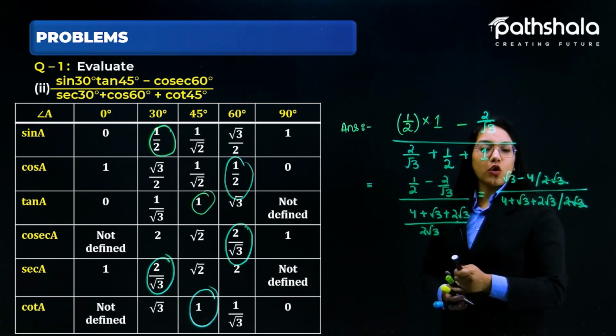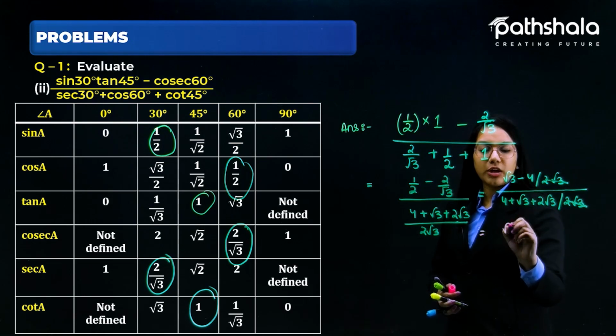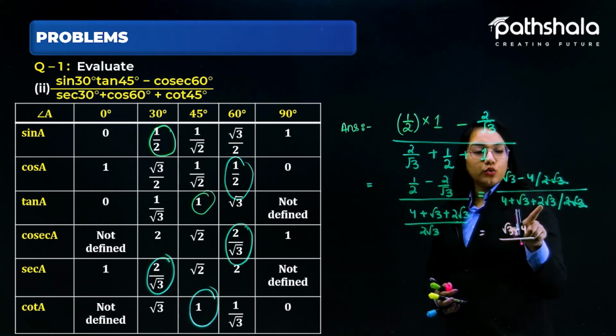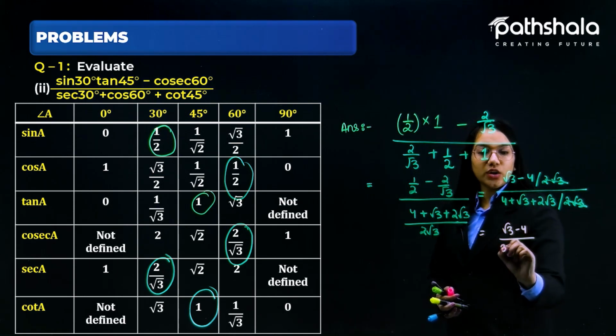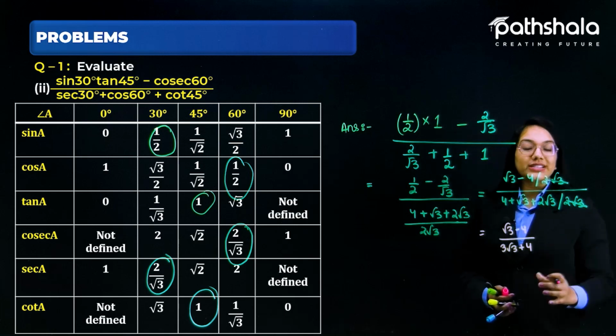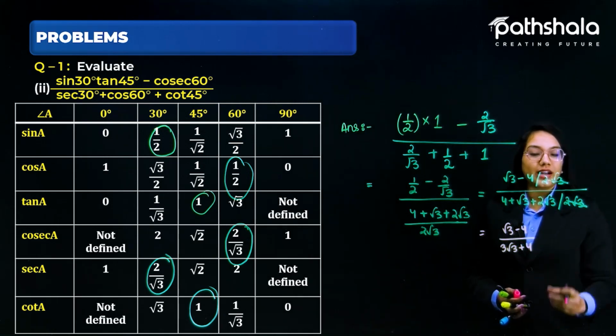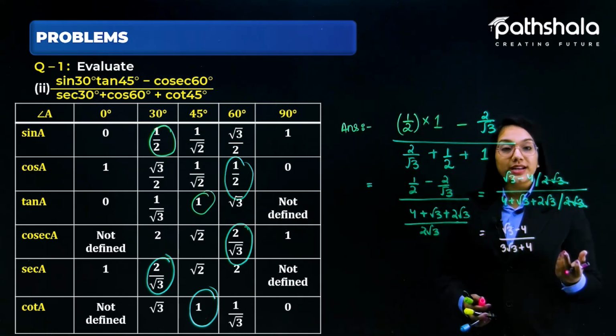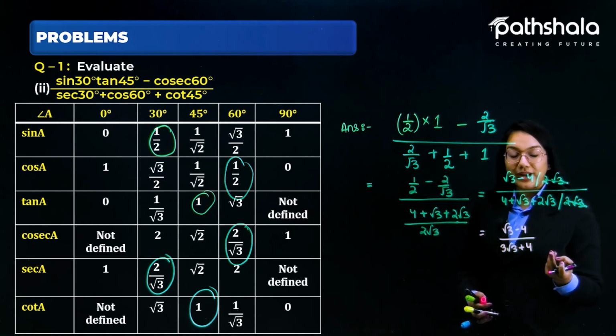Now let's talk about the other values. This would be root 3 minus 4 divided by 2 root 3 plus root 3, which is 3 root 3 plus 4. This is the value that we are actually getting at the end. We can also rationalize it further in order to evaluate it.